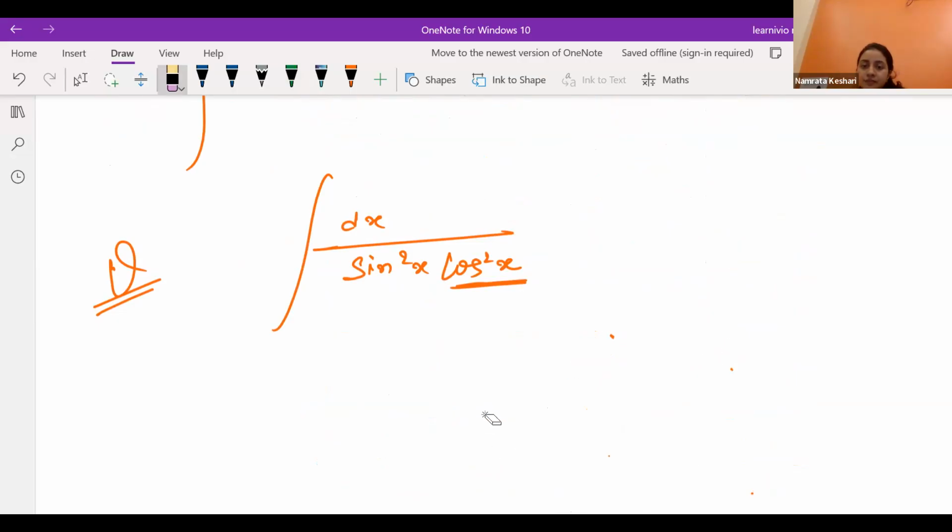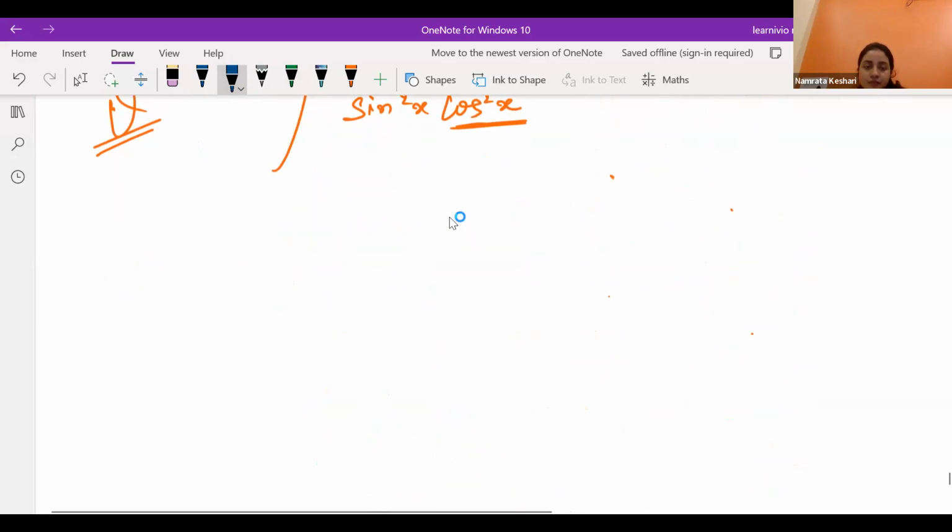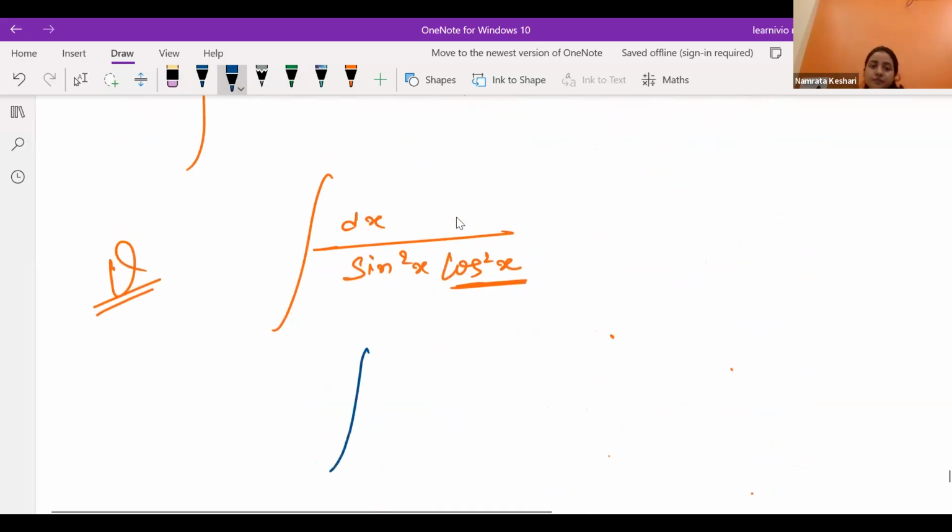Yes. Let's see. Have you learned this formula in class 11, Annapurna? Sine 2x is 2 sine x cos x. Yes.